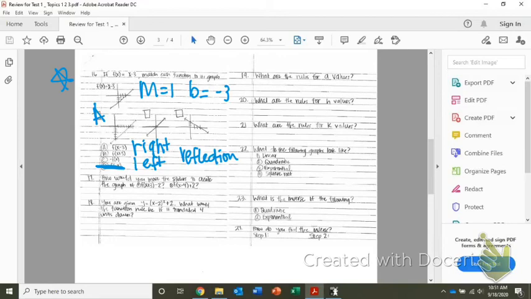It's moving 3 units to the right. The second graph, it goes 3 units to the left. And the last graph is the only one that is reflected, so that has to be C. Okay? All right.